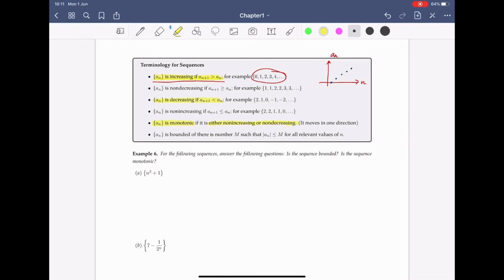In other words, it moves in one direction. And then the last one is the bounded sequence. This may be new for you. We say that the sequence is bounded if, this is a typo, there is a number m such that the absolute value of an is less than m. Bounded means the sequence is bounded by some number m.